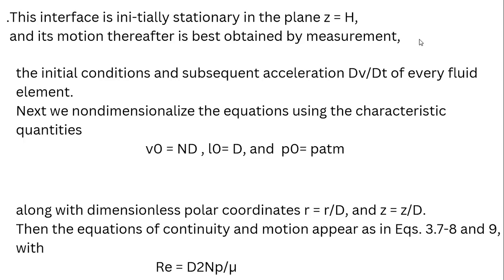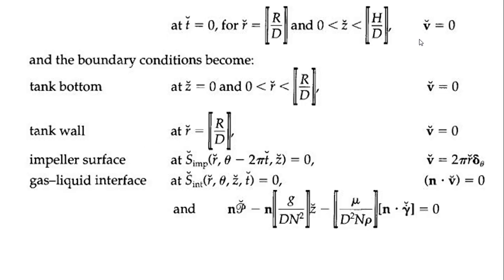For geometrically similar systems, we can see the dimensionless coordinates are r upon D and z upon D. Here we need to maintain the dynamic similarity to operate at the same values. After making these dimensionless, the equations for the boundary conditions will become like this.